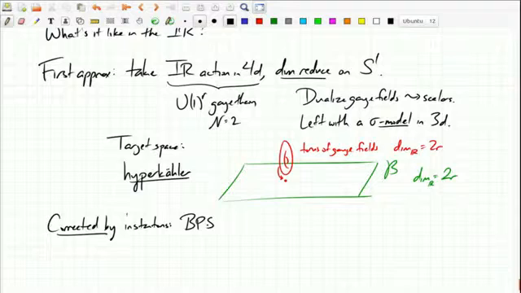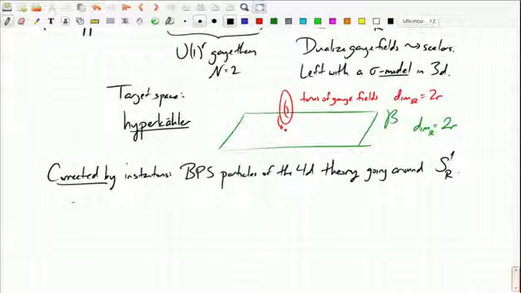What's the size of these instanton corrections? The size of the corrections is roughly e to the minus the action of that instanton. So it's e to the minus the mass of the particle, which is the absolute value of Z, times the distance that it goes around, which is R. So you have this naive dimensional reduction action, which is really simple, and then it has corrections which are of this order.